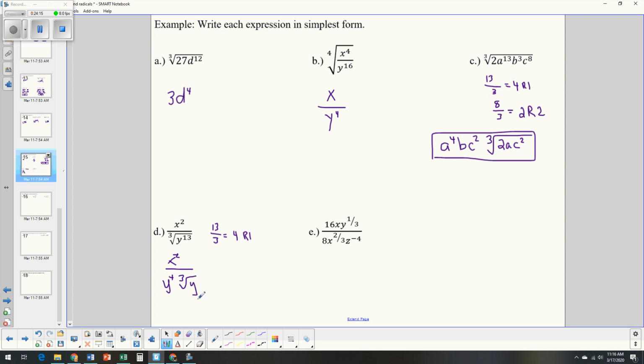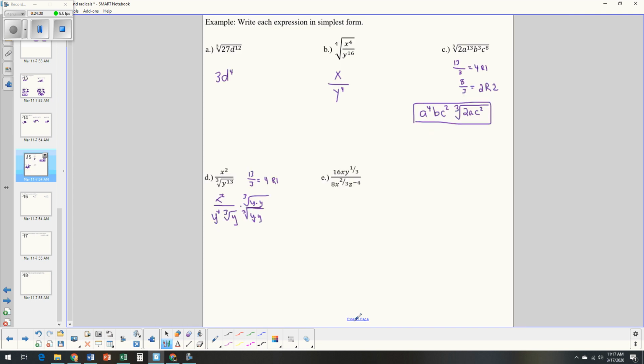And if you're cold, we're not allowed to have radicals in our denominator, so here I would have to rationalize, and I'm going to multiply by, I want to have total of 3 y's, I only have 1 here, so I'm going to multiply it by 2 of them, right, on the top and the bottom. So now on the top, I get x squared times the cube root of y squared.